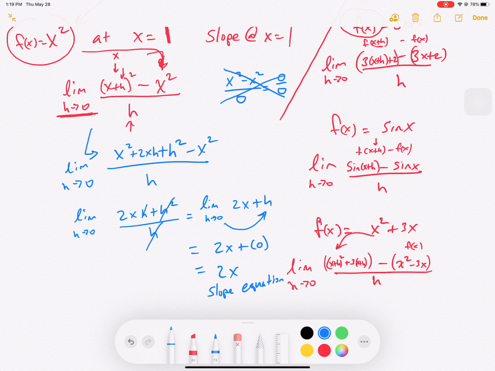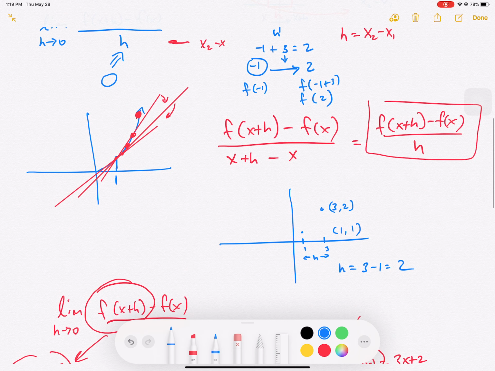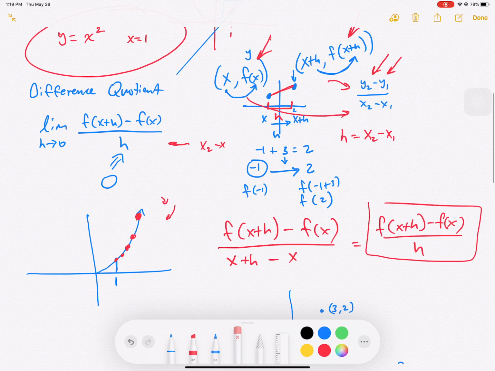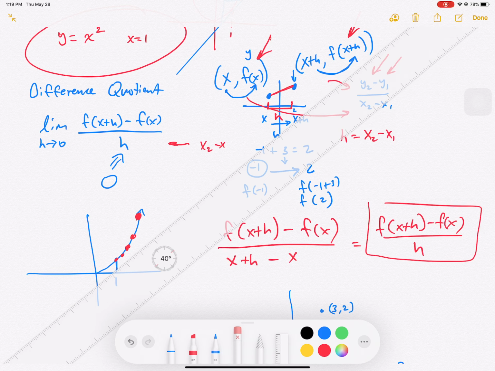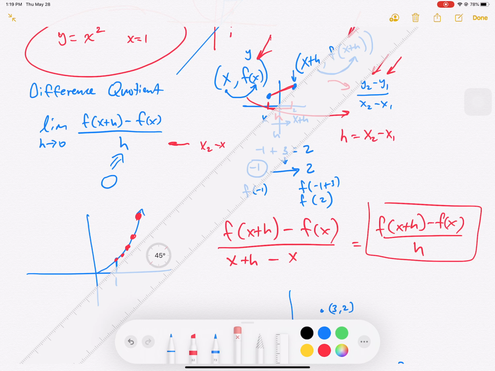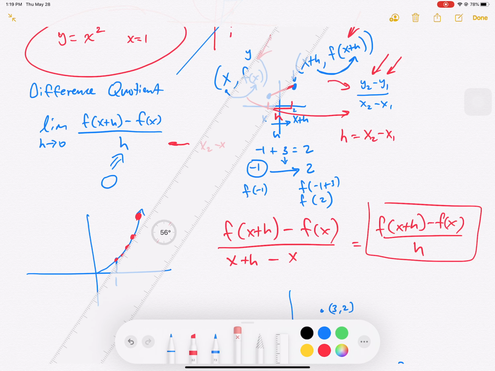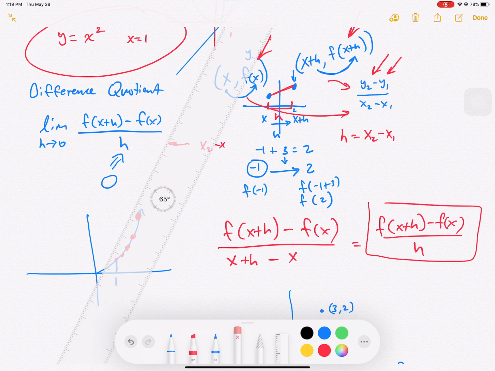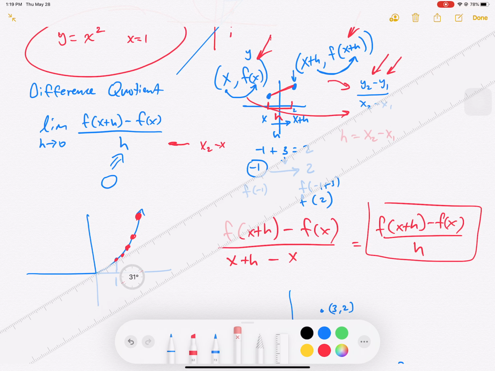And as we mentioned before, as x changed for this parabola, so did all our slopes. When x was 1, when x was 1.5, when x was 1.7, and as x became larger, so did all the slopes. And it's almost like we're predicting the future. We can figure out what that slope is.